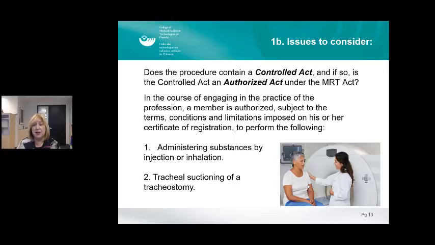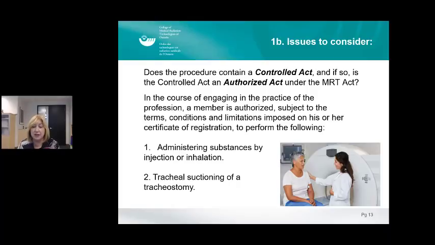So as you know, the Regulated Health Professions Act defines 14 controlled acts, and these are clinical activities that are deemed to pose a risk of harm to the public or to patients if they're performed by unqualified individuals. And then under the RHPA and the Health Profession Specific Act, professions are authorized to do certain controlled acts that support the practice of that profession or the scope of practice of that profession.